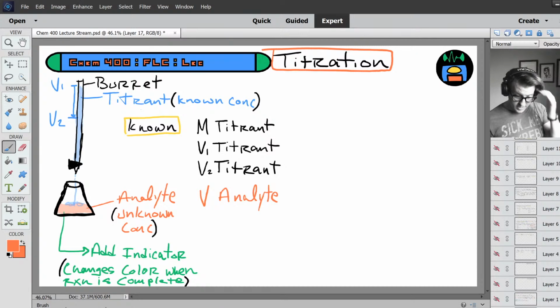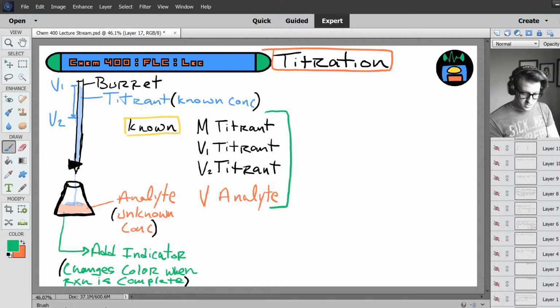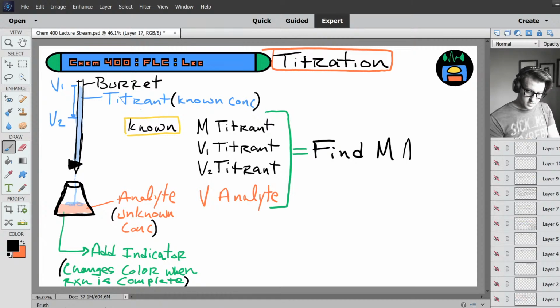And from these 4 pieces of information, you will be asked to find the molarity of your analyte.